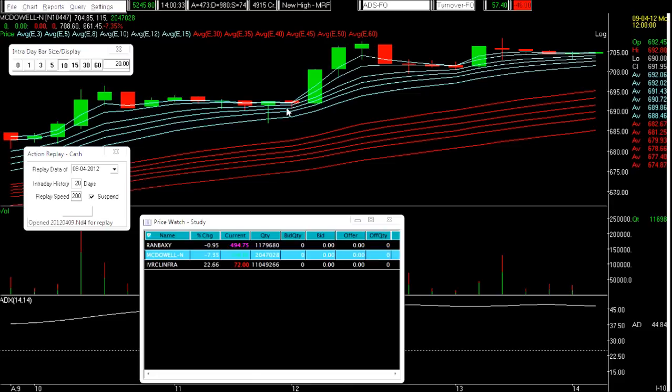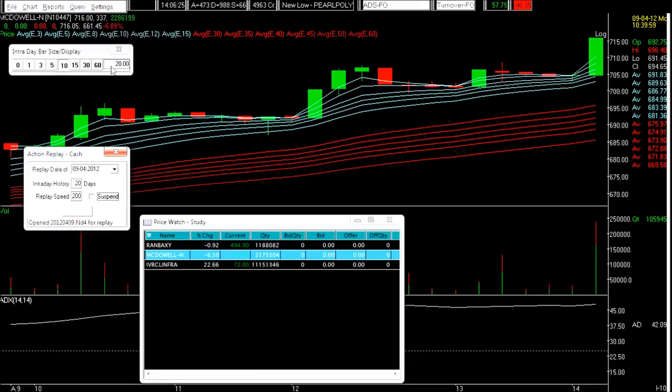I will round it off to 690. So now my stop loss is 690, and earlier it was 680. So now my risk is only 3 rupees, but my target remains the same, 40 rupees. Now let's run it again and see if it meets my target.